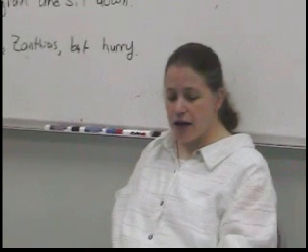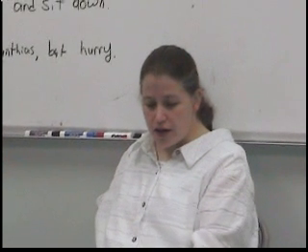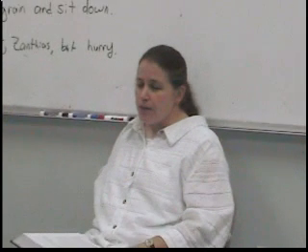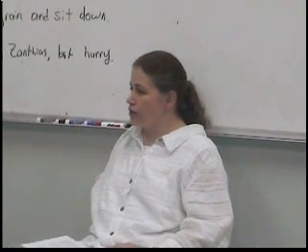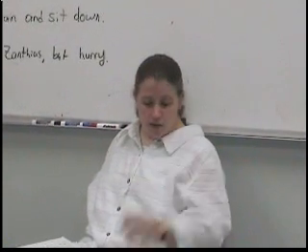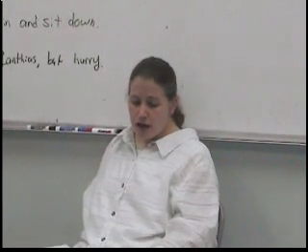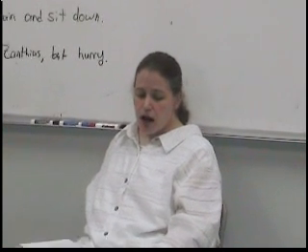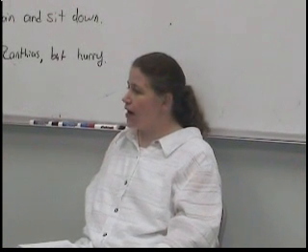Now we're going to talk about the complementary infinitive. If you turn the page to page 38, the complementary infinitive completes the meaning of another verb. So if we look at our first example, insulam videre possum. I am able to see the island.